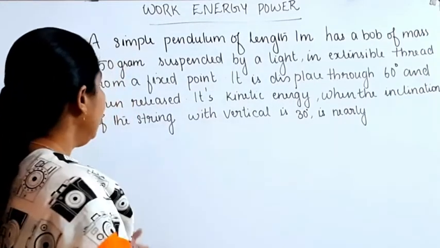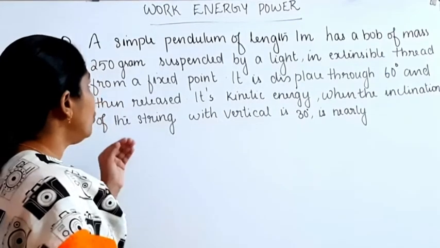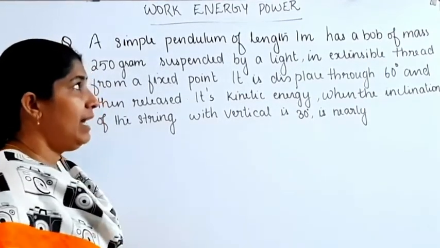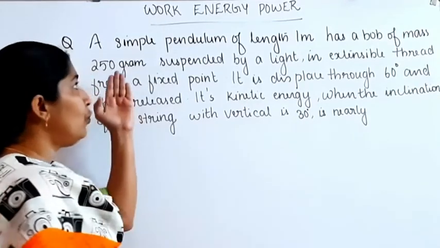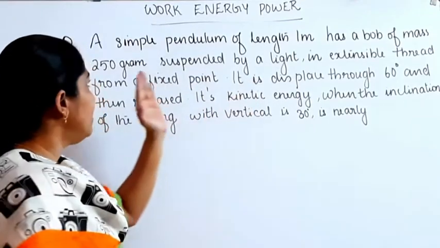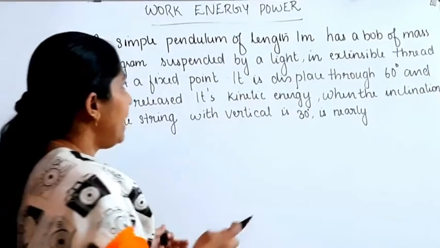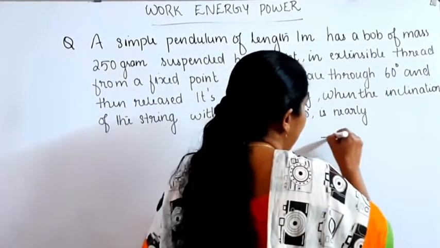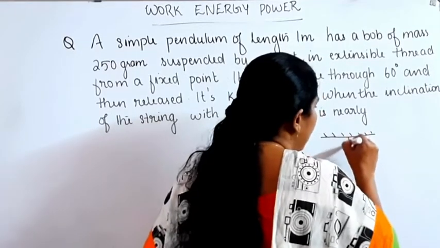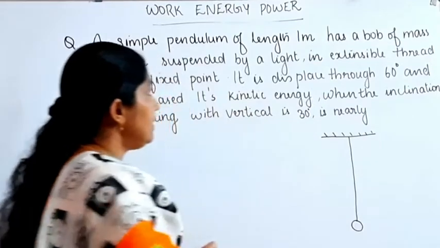Our first question: a simple pendulum of length 1 meter has a bob of mass 250 gram, suspended by a light inextensible string from a fixed point, like this.